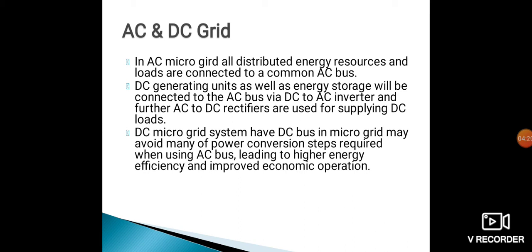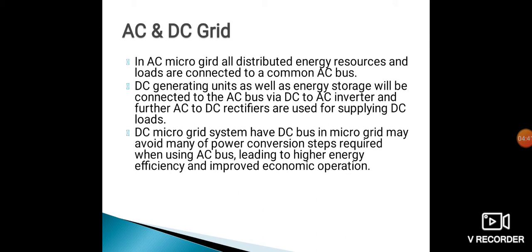We have used inverter and rectifier in case of an AC microgrid. This conversion process can be avoided using the DC microgrid as it requires a DC main bus, leading to higher energy efficiency and improved economic operation.